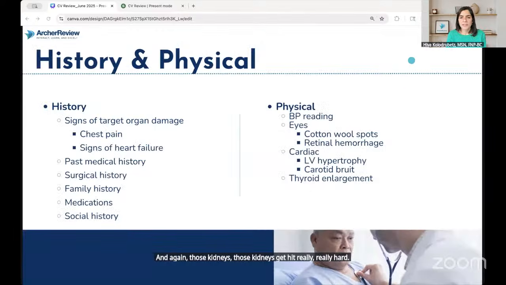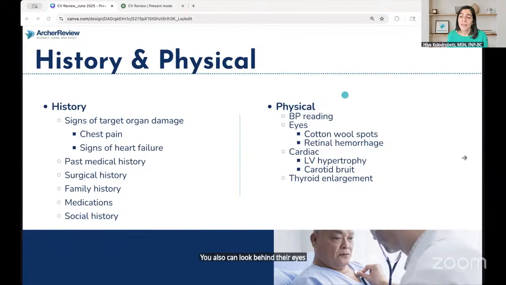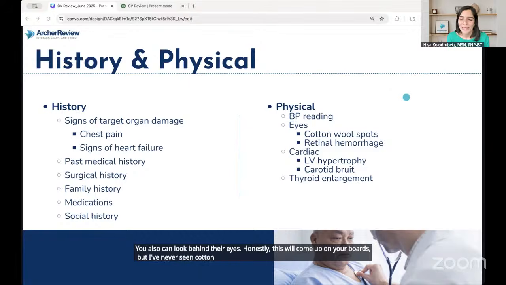So history and physical, you want to ask those questions: family history, past medical history, social history, what medications are they on? Physical, you're going to do your own blood pressure check if it's high. You also can look behind their eyes. Honestly, this will come up on your boards, but I've never seen cotton wool spots in my life.